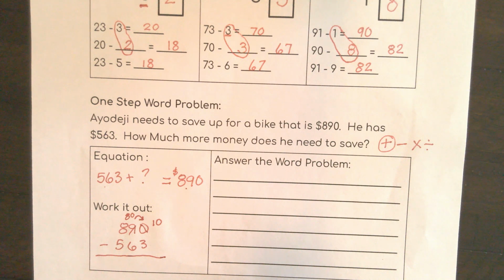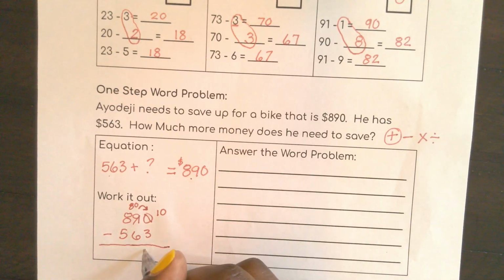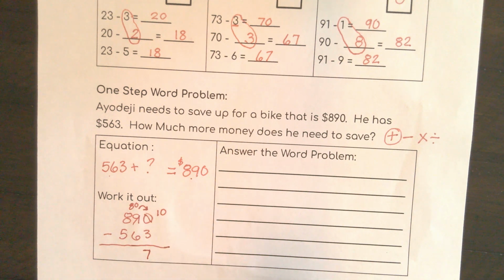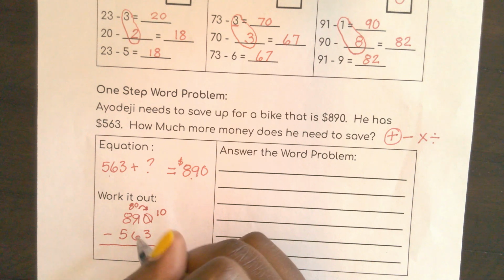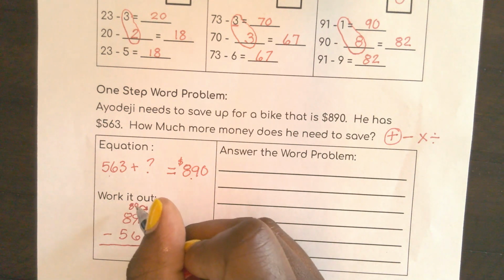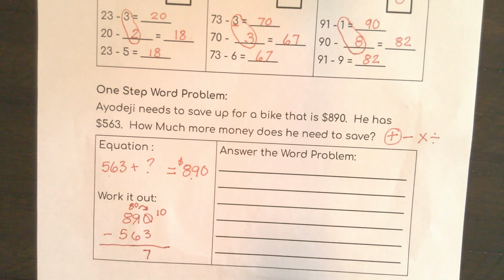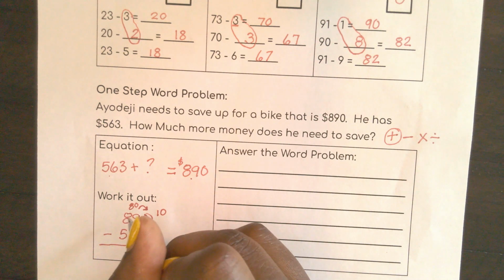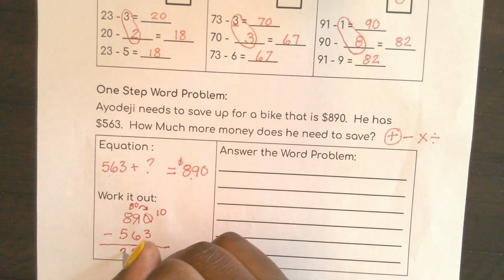So now I can do the math. 10 minus 3, that would give me 7. 80 minus 60. So remember, I'm in my tens place. That's why I put that 0 there. 80 minus 60 would give me 20. So I would have 2 tens. And here, 800 minus 500 would give me 300.